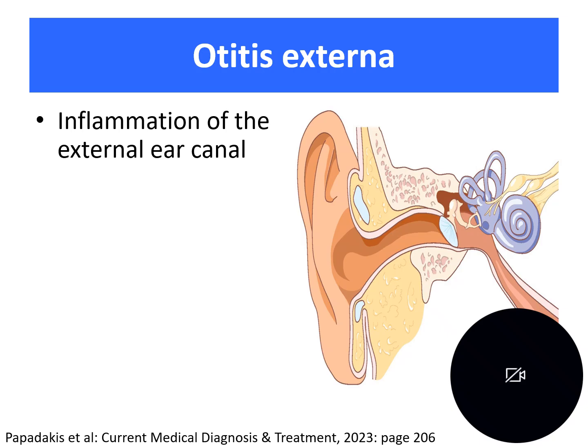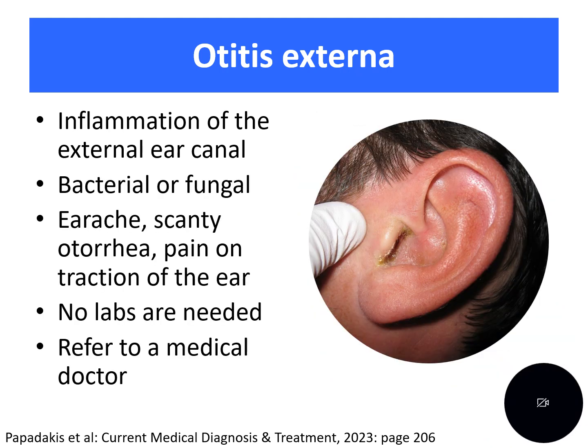The external ear is lined by stratified keratinized epithelium, squamous epithelium, with what are known as ceruminous glands, and ceruminous glands will then secrete wax. The commonest cause of otitis externa, inflammation of the external ear canal, is a bacterial infection.